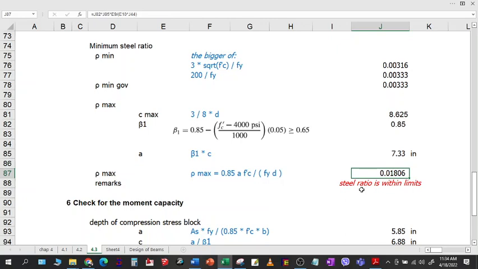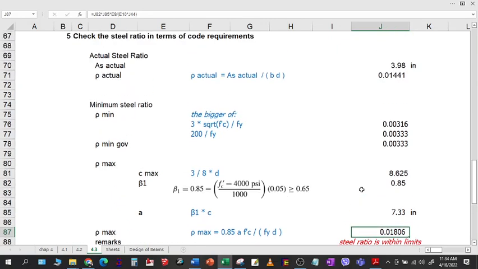Compare the minimum, maximum, and the actual. Rho actual should be greater than or equal to rho minimum, and less than or equal to rho maximum.